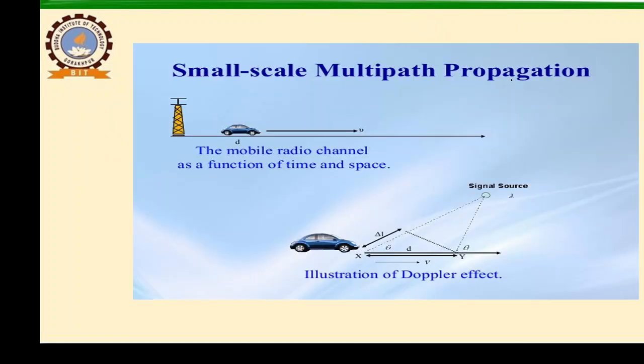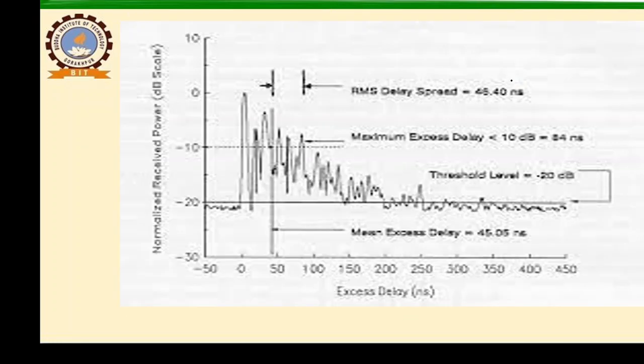So the graph which we are using is this one. It is the graph between excess delay, which is measured in nanoseconds, and normalized received power calculated in dB scale.